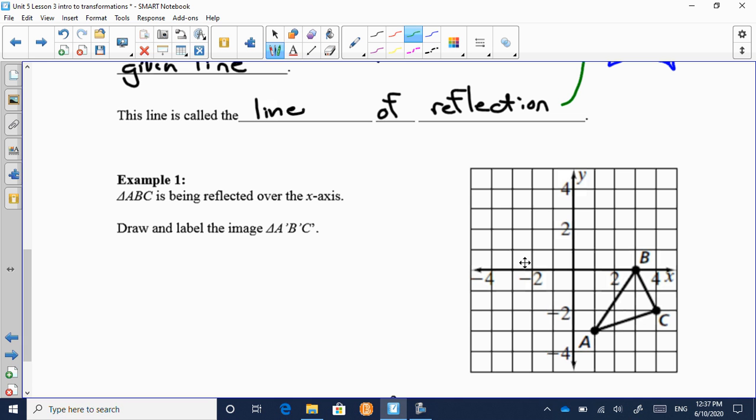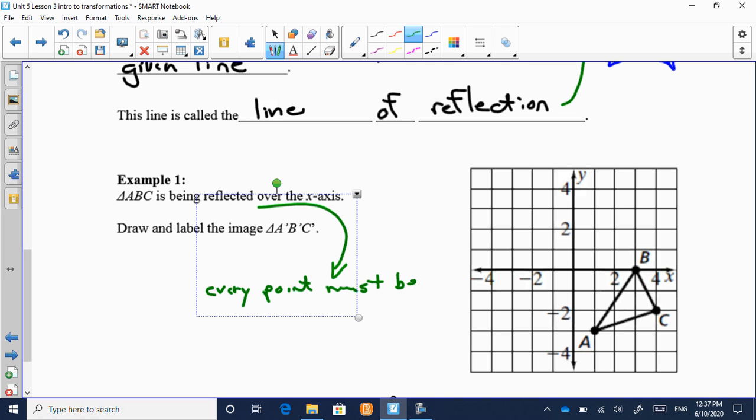Okay, so essentially, if it's being reflected over the x-axis, every point must be an equal distance from the x-axis.